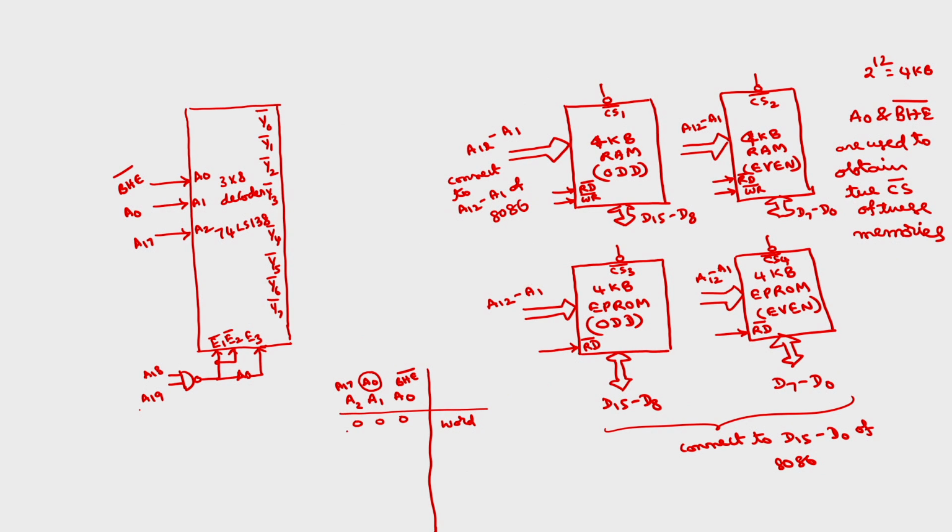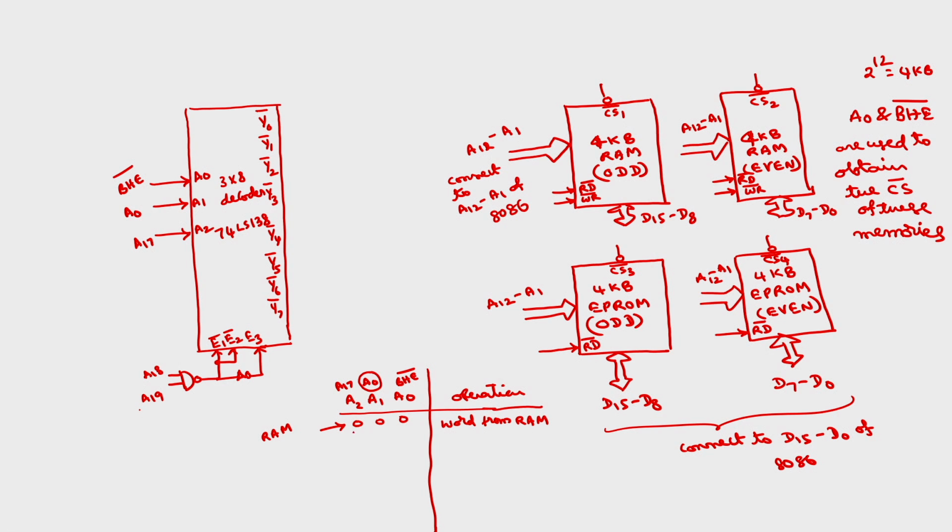So A17 is 0, which represents RAM. So it is a word operation from RAM. Word from RAM means you have to select both the banks.